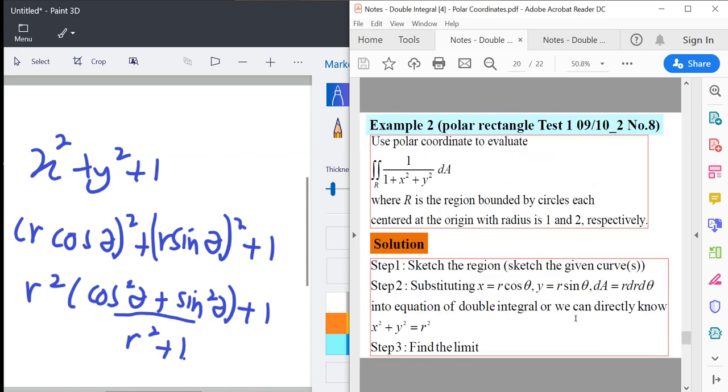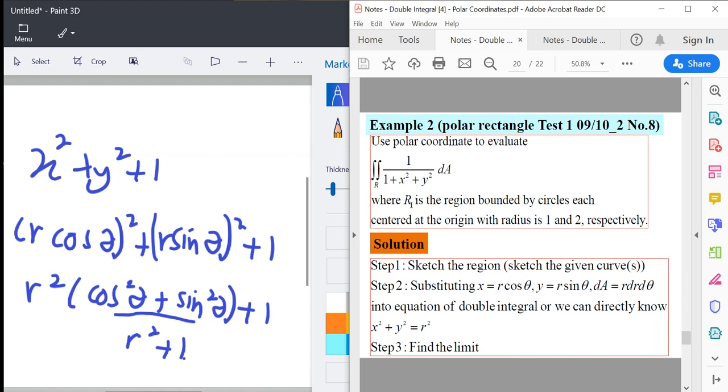So for the second example, I think this one is quite similar, but the shaded region is much more complex compared to the first one.